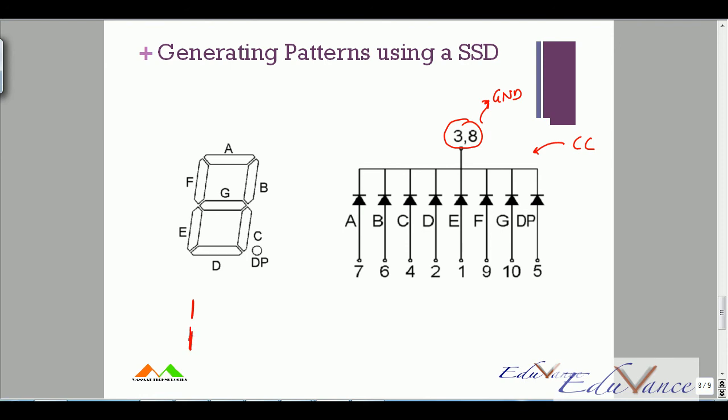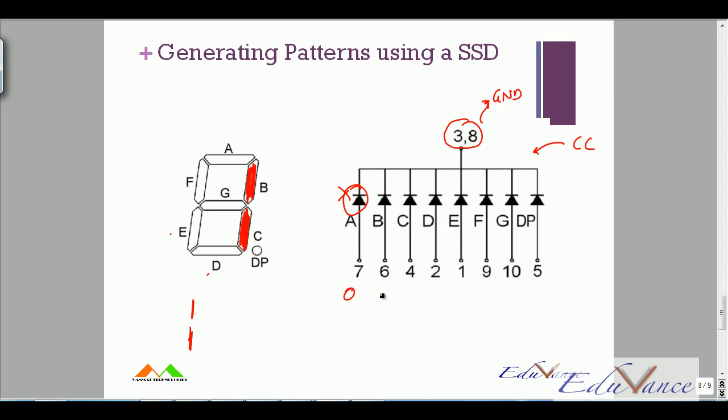I would decide that I would like to glow LED B and LED C. All the other LEDs, which is A, F, G, E and D, would actually be off. So A should be off. A should be at 0, because then this LED is reverse biased and will not glow.